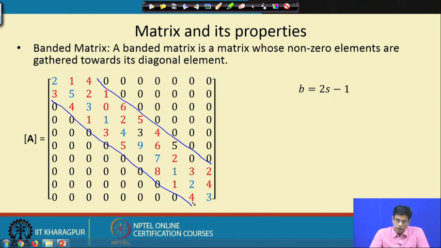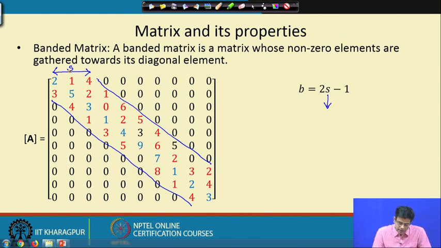For instance, if you want to calculate the bandwidth, here S is the largest number of columns from the diagonal which will have a non-zero element. For instance, if you look at this matrix, this is the S. Okay.